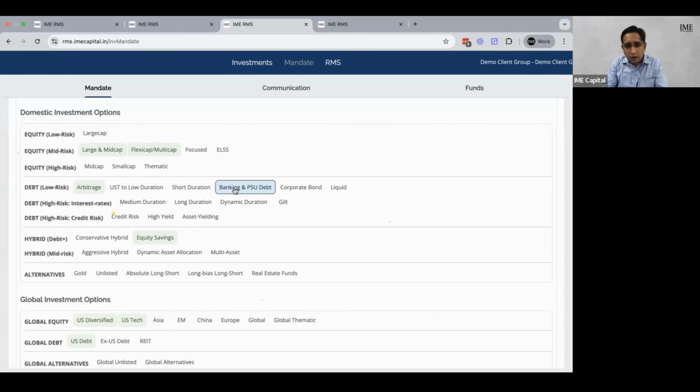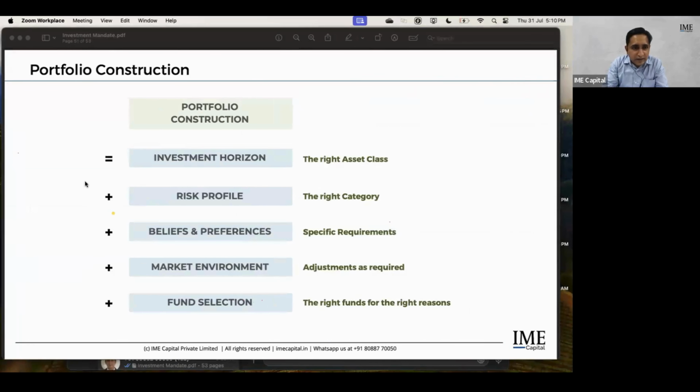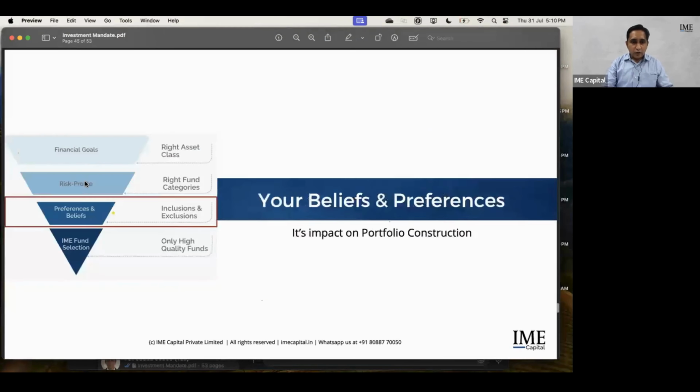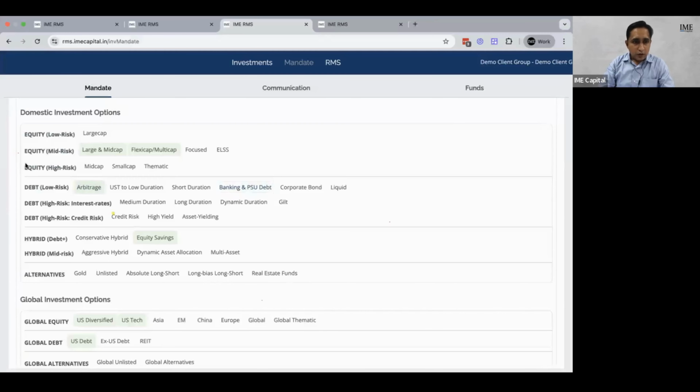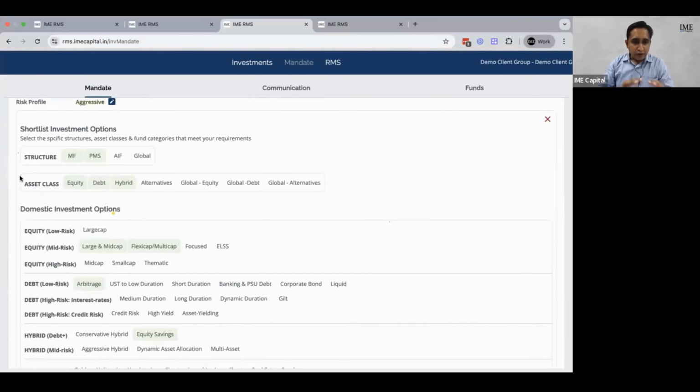Okay, so this is something that we do notice quite often. There are different asset classes, different categories, different structures and different jurisdictions.